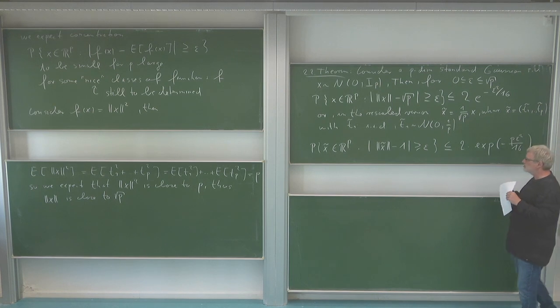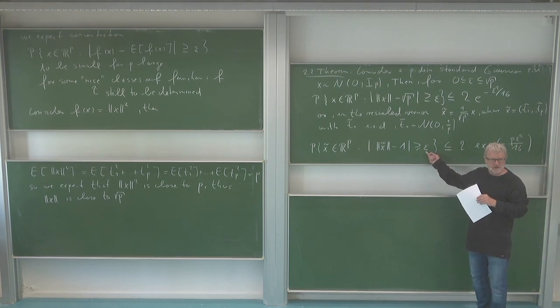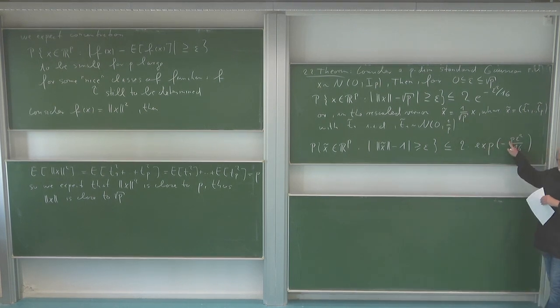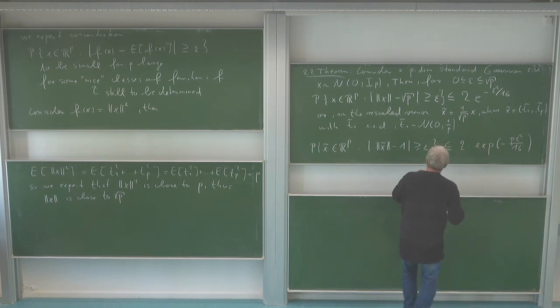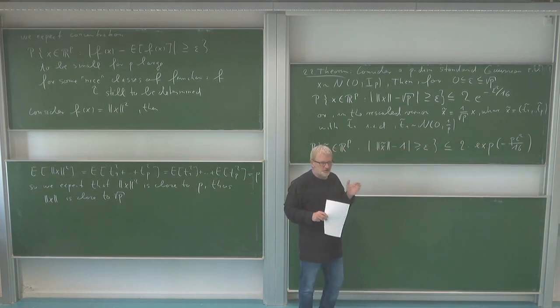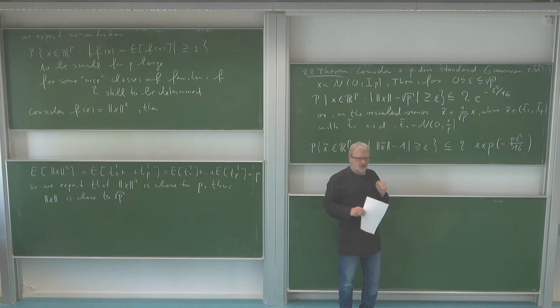Okay, now you see, now I can take a small epsilon. But then if P is getting big, the epsilon squared will be outweighed by this P for P large, and then this will become a large quantity, and then I have an exponential decay. So here I really can fix epsilon independent of P. So I fix this epsilon, and then if P goes to infinity, I have exponential concentration.